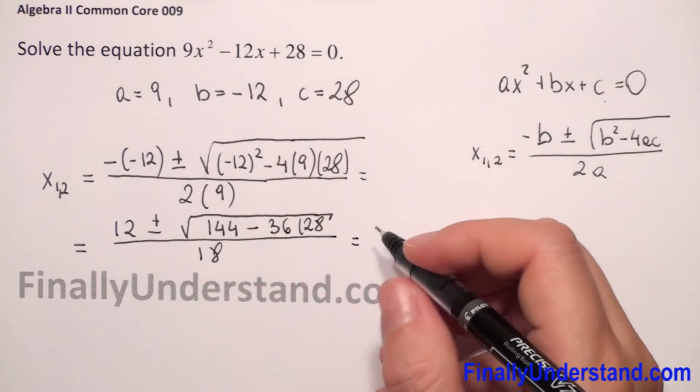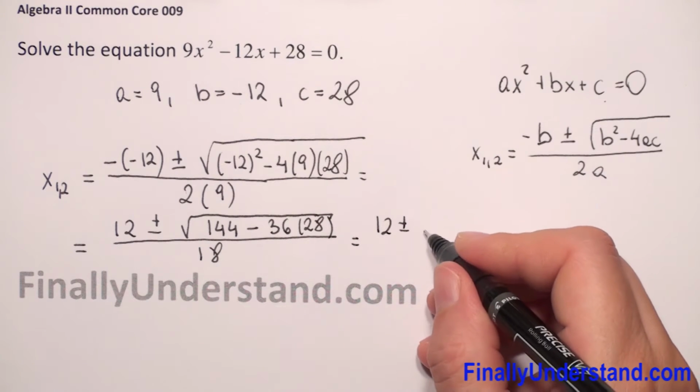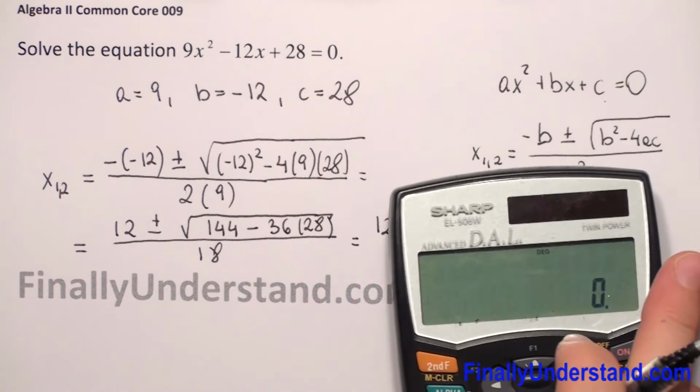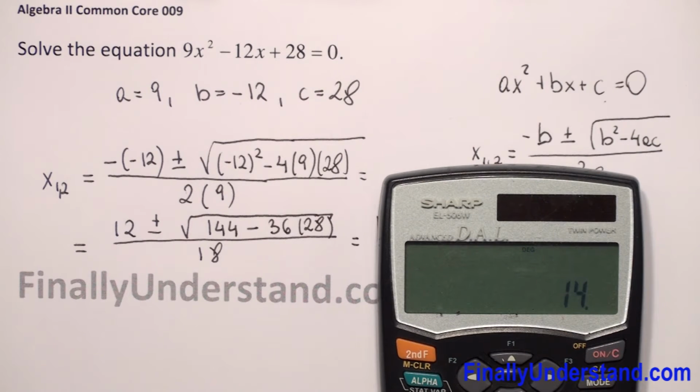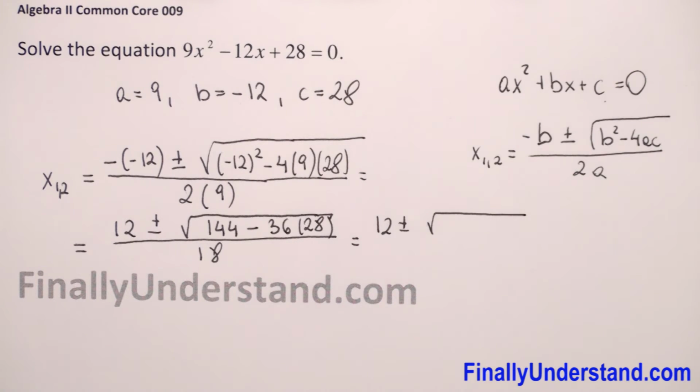So this is equal to 12 plus minus, and under the square root we will have 144 minus 36 times 28.